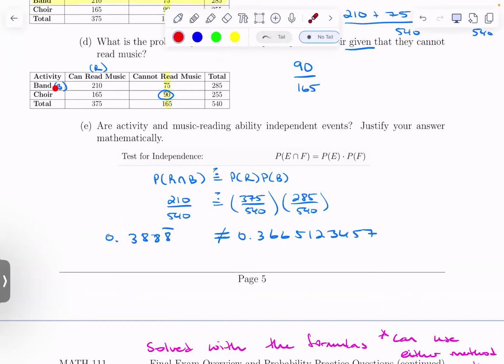Which means that band and whether they can read music are not independent, right? Then that means that the whole table is not independent, right? There's dependency.